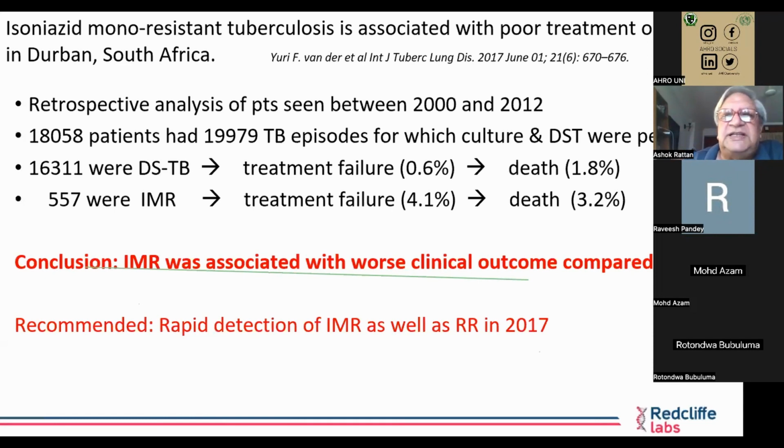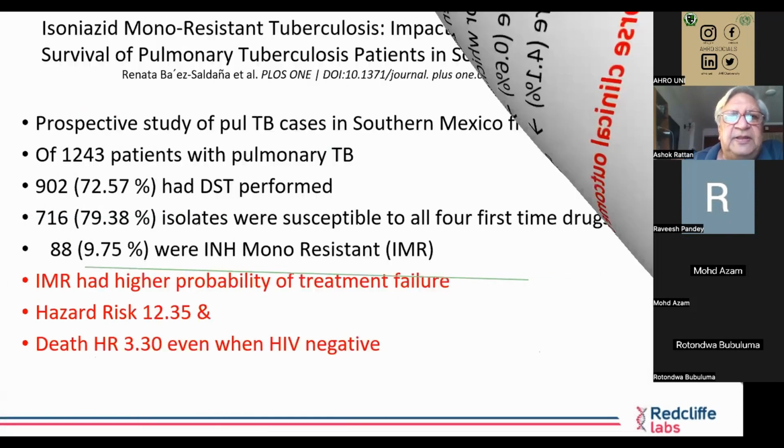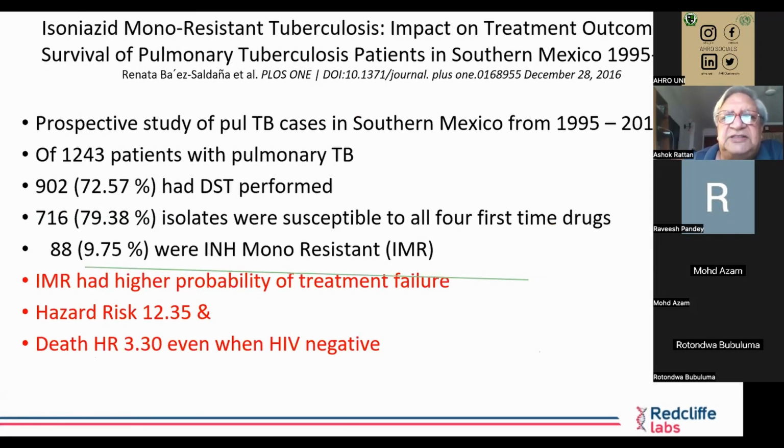It was also seen in Durban that INH monoresistance was associated with worse clinical outcome compared to drug-sensitive tuberculosis when given standard treatment. It was also seen in southern Mexico that INH monoresistance had a higher probability of treatment failure.